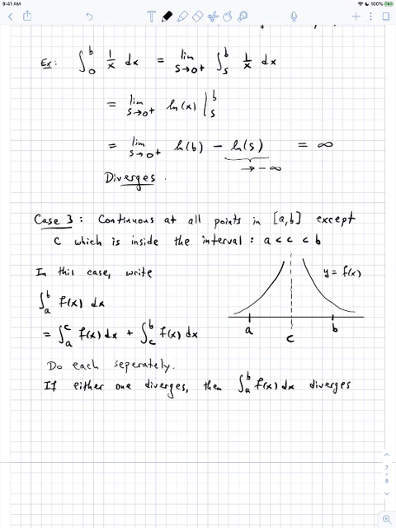So if you have an infinite discontinuity in the middle, then you split it up like this. You look at the improper integral from A to C and the improper integral from C to B. These are both improper integrals.